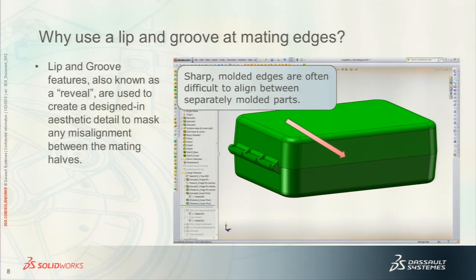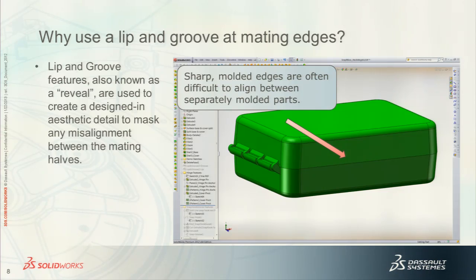So what you do is you make a deliberate reveal to mask any sort of mismatch that you might have between the different parts. The differences can be created by your top half and bottom half being run at different times with slightly different process conditions, so your shrinkage could be slightly different.